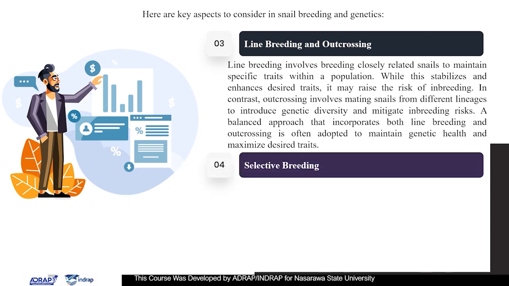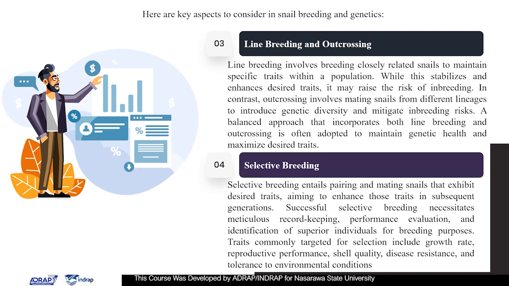Selective breeding. Selective breeding entails pairing and mating snails that exhibit desired traits, aiming to enhance those traits in subsequent generations. Successful selective breeding necessitates meticulous record keeping, performance evaluation, and identification of superior individuals for breeding purposes. Traits commonly targeted for selection include growth rate, reproductive performance, shell quality, disease resistance, and tolerance to environmental conditions.